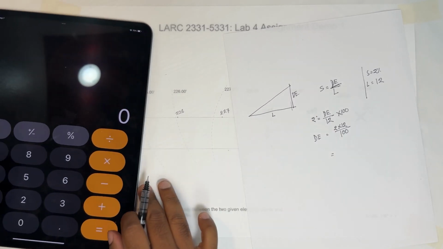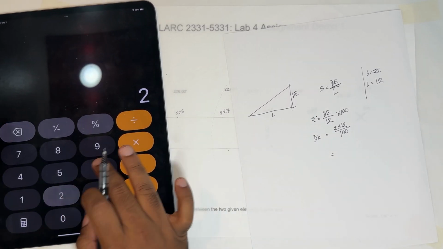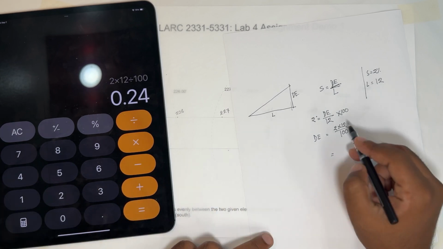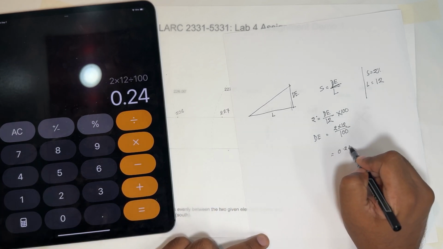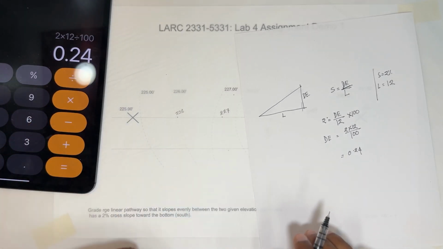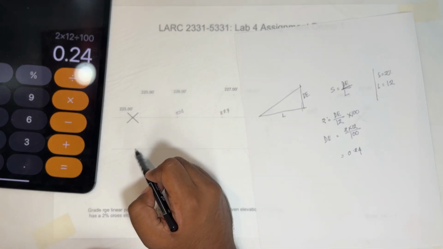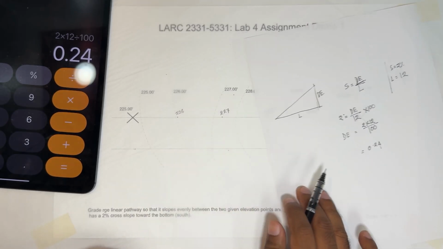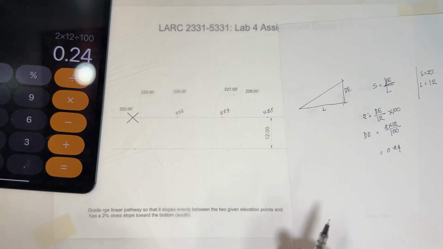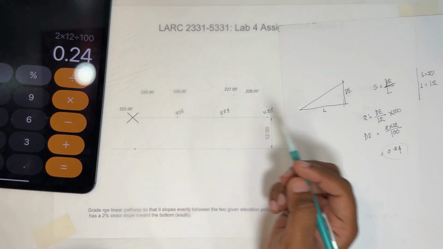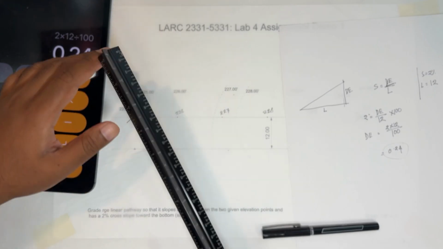Let's calculate that. 2 into 12 divided by 100. That's 0.24 feet. So whenever we are calculating anything from here to here, we'd have to have less than 0.24 in this. Let's see how that looks.